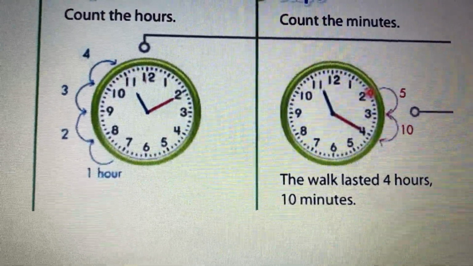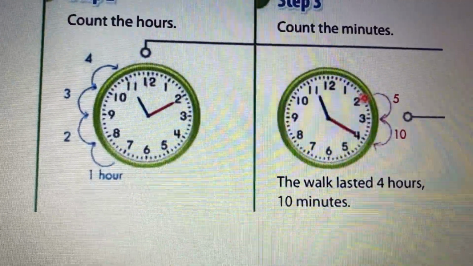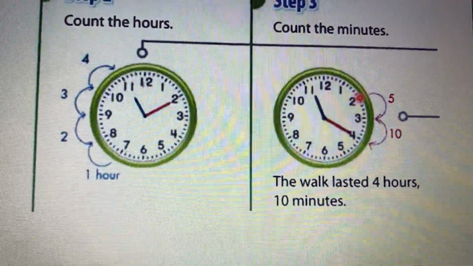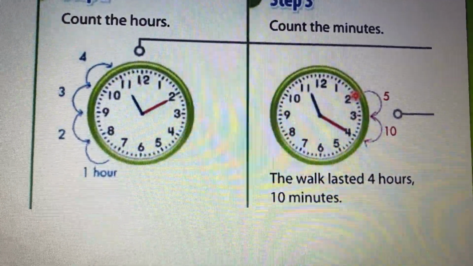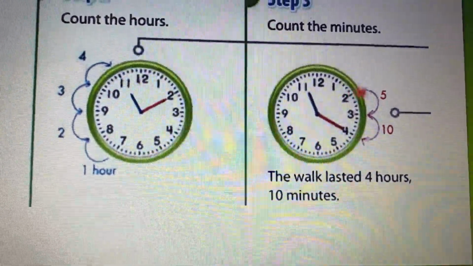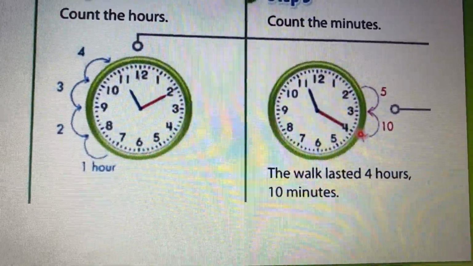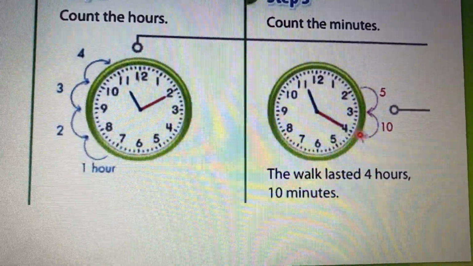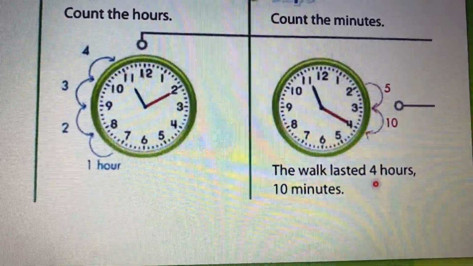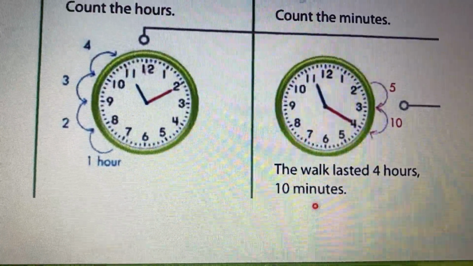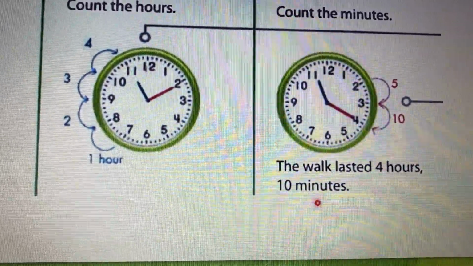Let's skip count by 5 until I need 10 minutes. 5, 10. So we have 4 hours and 10 minutes. So the walk lasted for 4 hours and 10 minutes. The 4 hours and 10 minutes is called elapsed time.